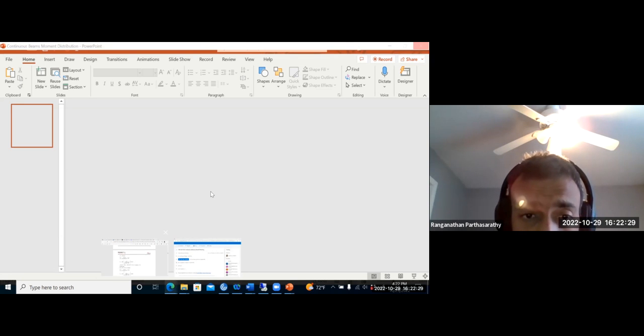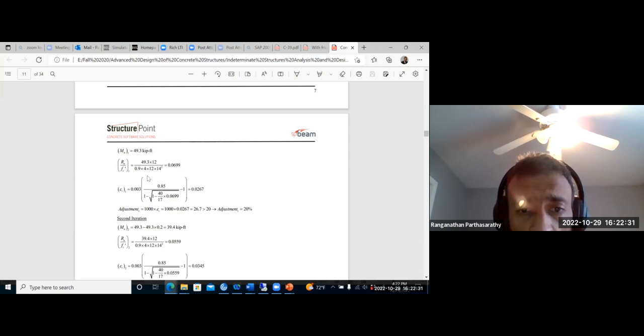what we are doing there is just like this. We determine the strain in the tension steel. Then he gets 26.7, but the lower is 20. So you adjust by 20%. That means you reduce the moment at that support by 20%. So now this is your design moment at that support.